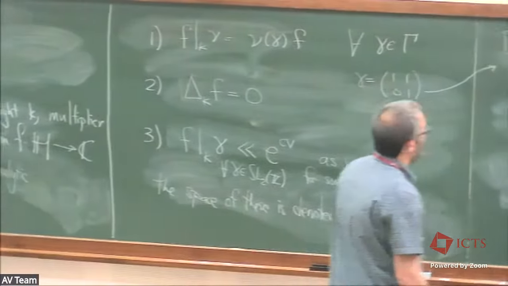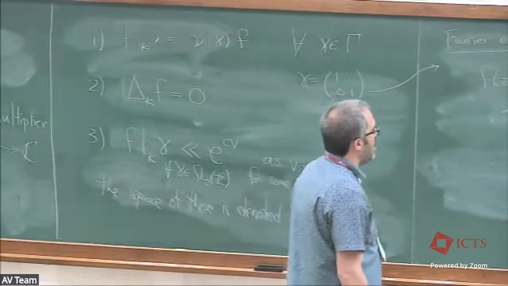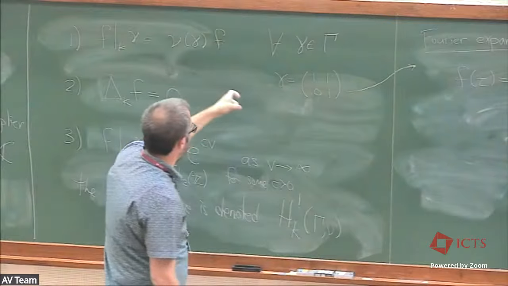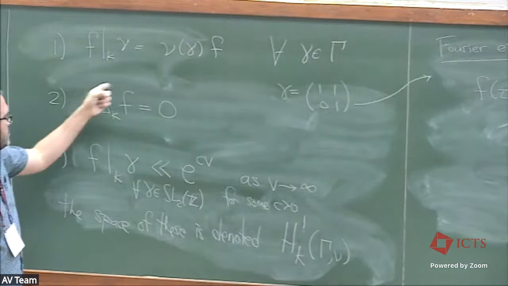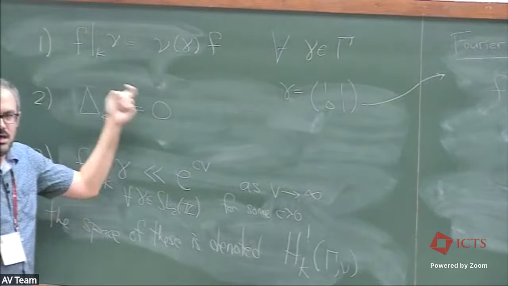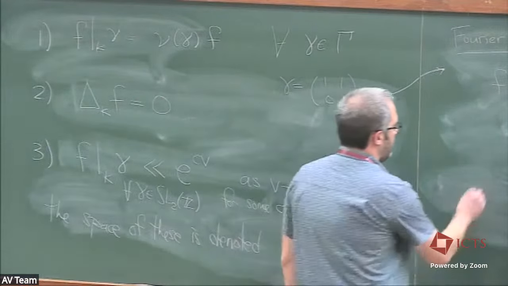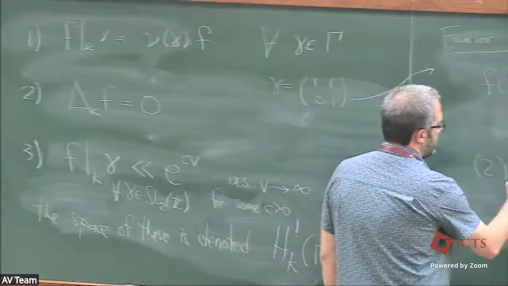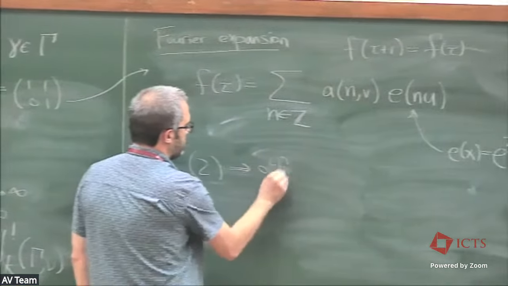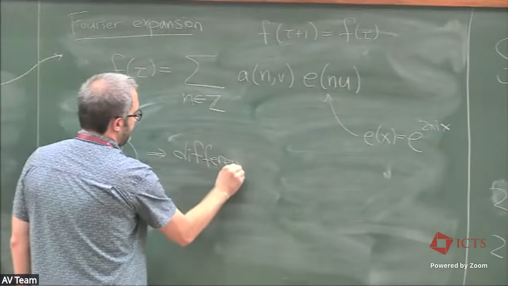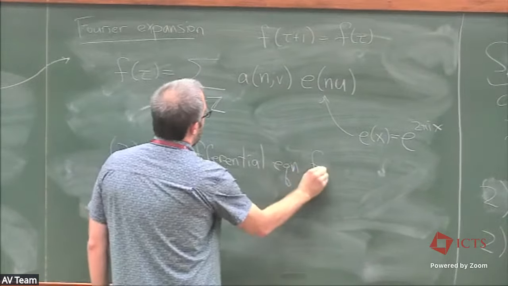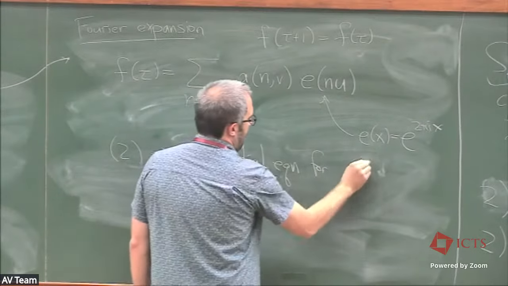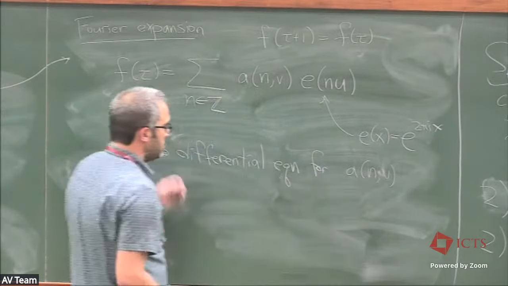Okay, so f has this Fourier expansion, and that just comes from number one with this one matrix. Now let's impose the condition that number two tells us. Number two is going to imply some kind of differential equation that is satisfied by a_n and v, these coefficients.